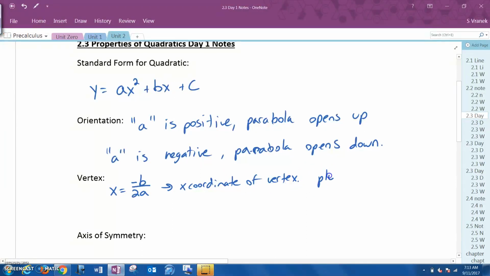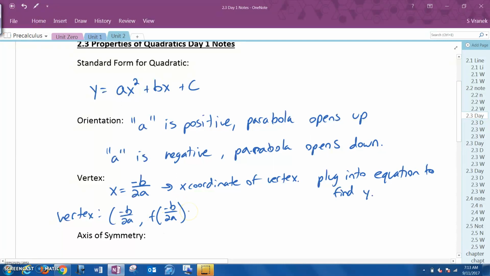Then you plug in the equation to find y. So the vertex will look like this. It'll be the point, whatever you get for negative b over 2a, and then comma, and then whatever you get for sticking the negative b over 2a into your function. Okay? So we'll do some problems like that.